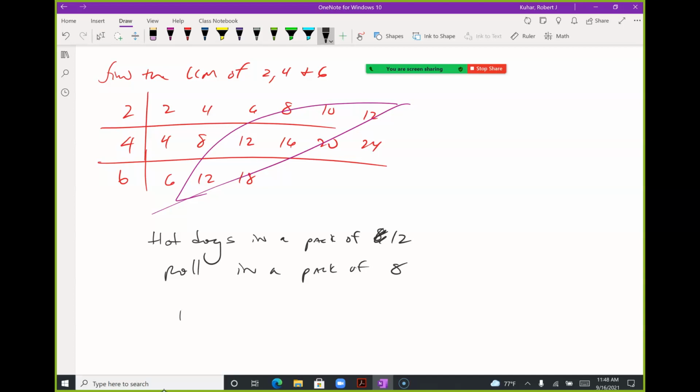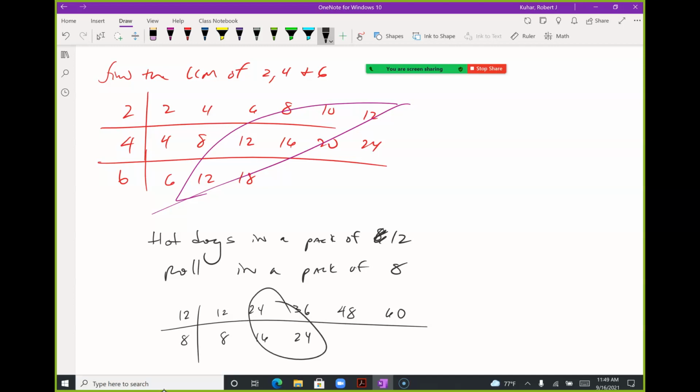If I think about that, I'm going to do a least common multiple of 12. So 12, 24, 36, 48, 60. Let's see what happens with the 8. 8, 16, 24. Okay, so how many packs of hot dogs did I have to buy? 2, because that's the multiple I got up to.